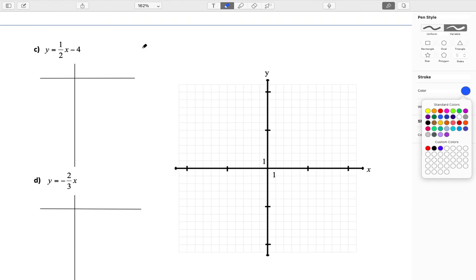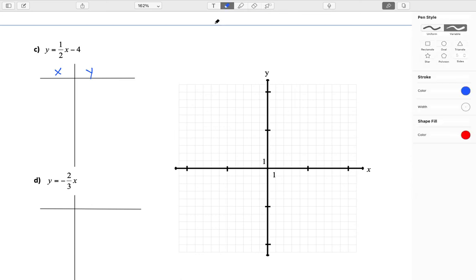What did you have to do this time? Again, same thing, x and y. Look at the denominator. If you look at the denominator, it's 2. What you're going to do, your x values, you could do -1, 0, and 1, or to get a more clean number, you will be doing a multiple of 2. So therefore, I will be doing 0, -2, and 2.